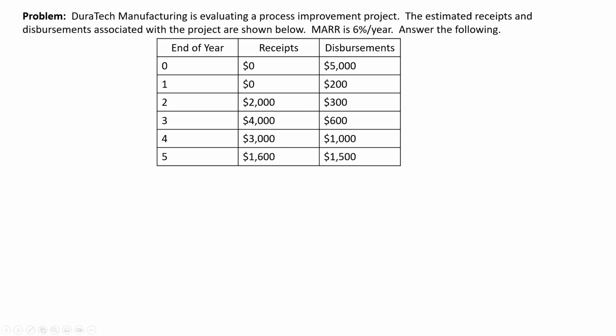Look at this. End of year 0, you get 0 receipts, but you're spending 5,000. End of year 1, you still receive 0, but you pay $200, some kind of cost. However, at the end of year 2, you do get some money, $2,000.